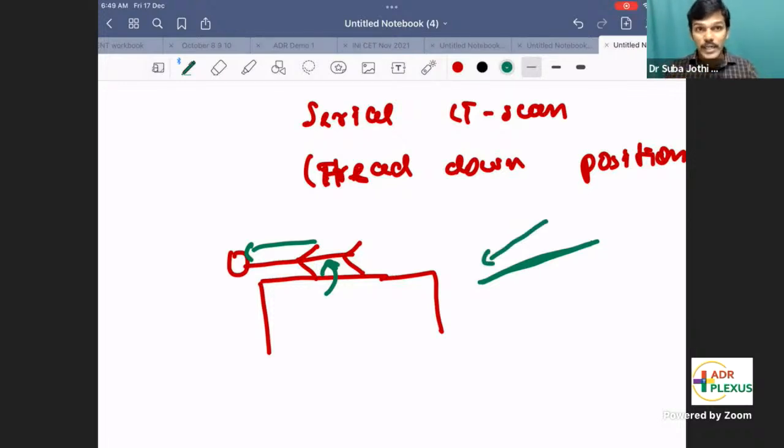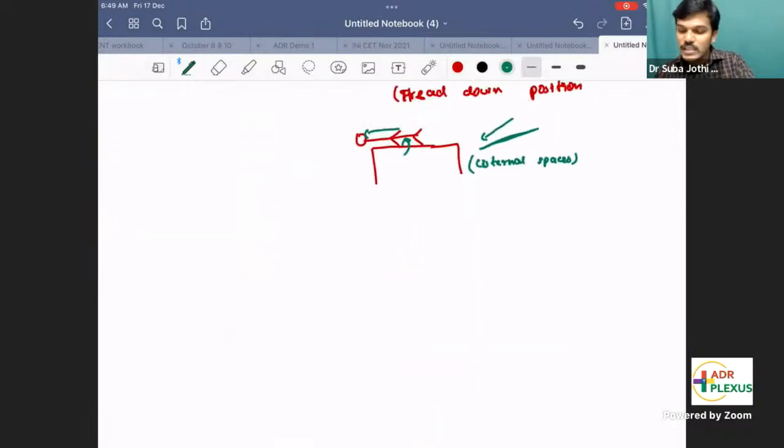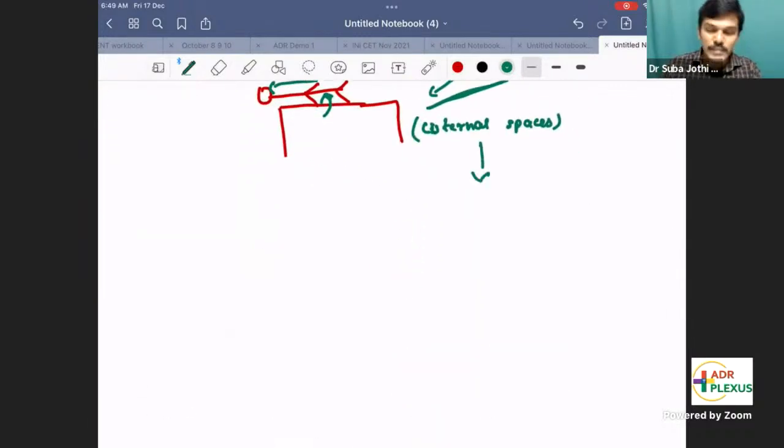It will get spread into the cisternal spaces. That's why it is called cisternogram. These are minute spaces present at the skull base. If the cisternal spaces receive the contrast, the defect will be identified very clearly.